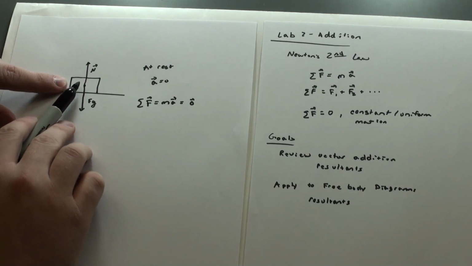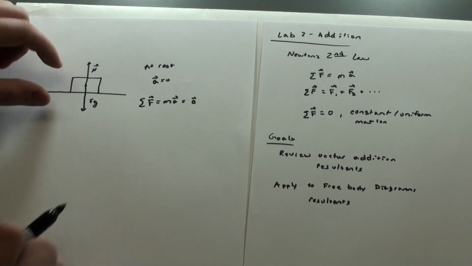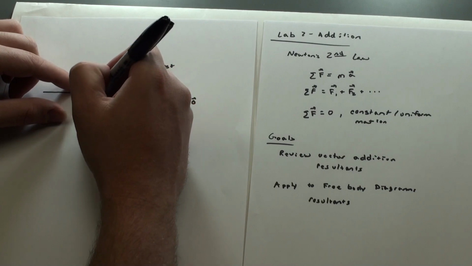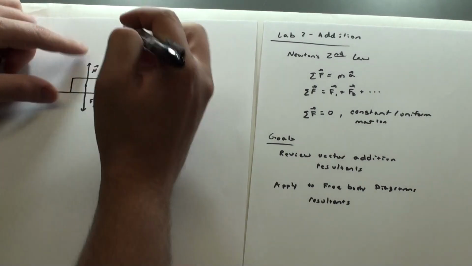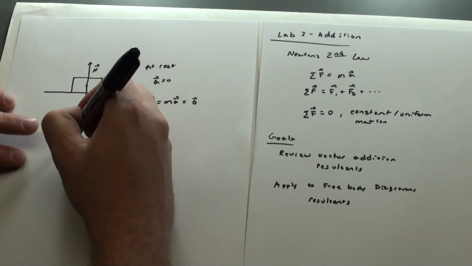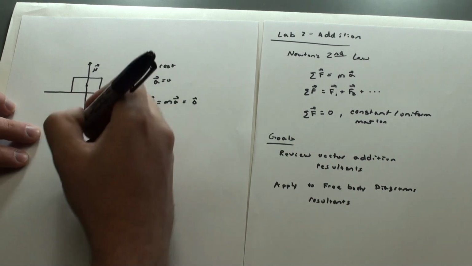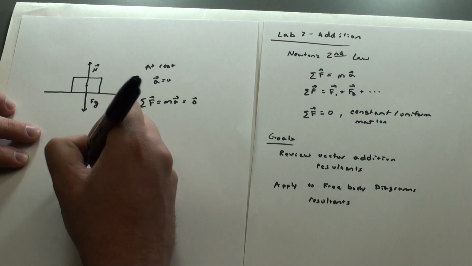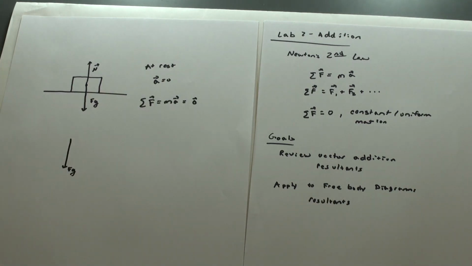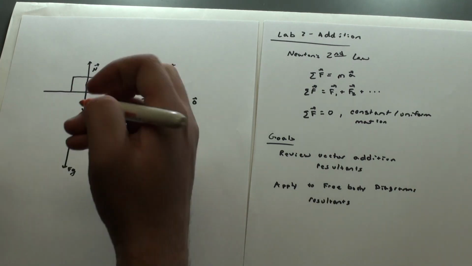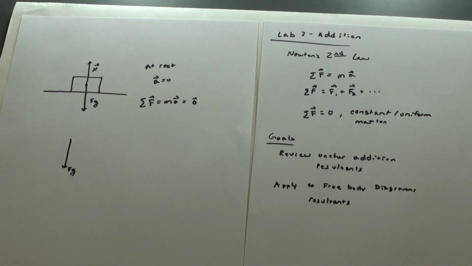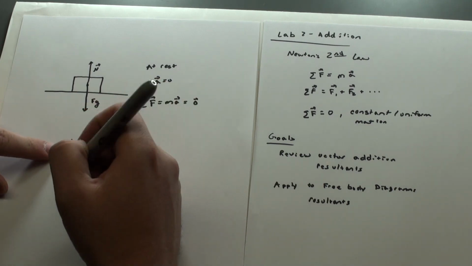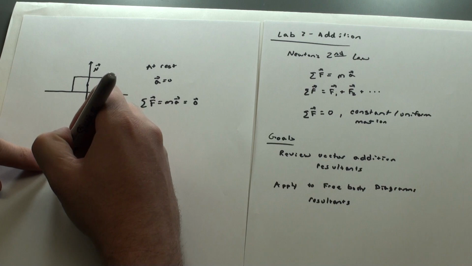So what that tells us about this situation is that this force due to gravity added to the normal force should then be 0. So when we do the vector addition, we'll say the force due to gravity goes down. We're going to keep the normal force black, and then we'll do the resultant in orange.